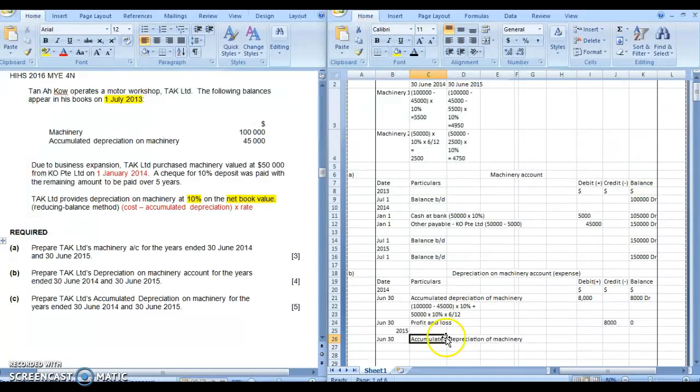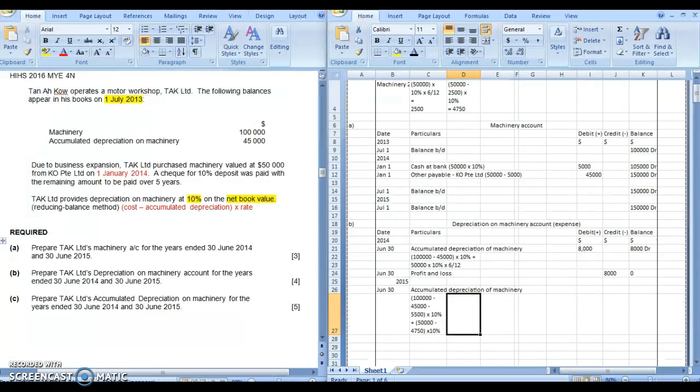So what we're going to write is basically 100,000 minus 45,000 minus 5,005 that we had last year, times by 10%, plus with the machinery number 2 depreciation, 50,000 minus 4,750 multiplied by 10%. So that's done.